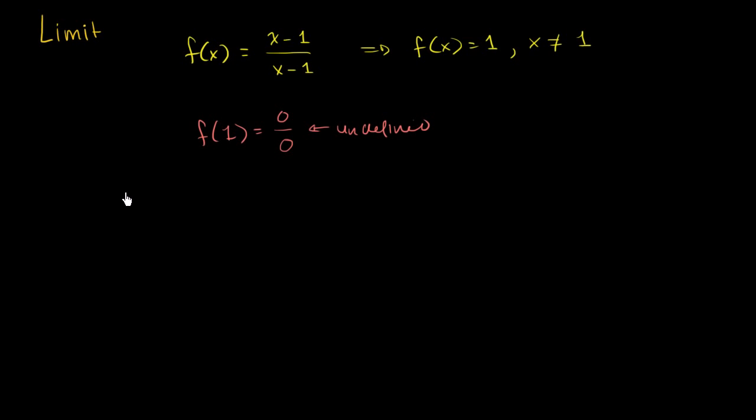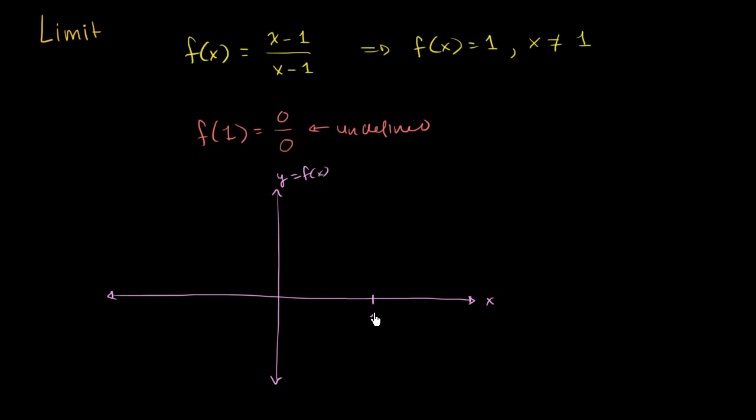So let me graph it. That is my y is equal to f of x axis. And then this over here is my x axis. And let's say that this is the point x is equal to 1.